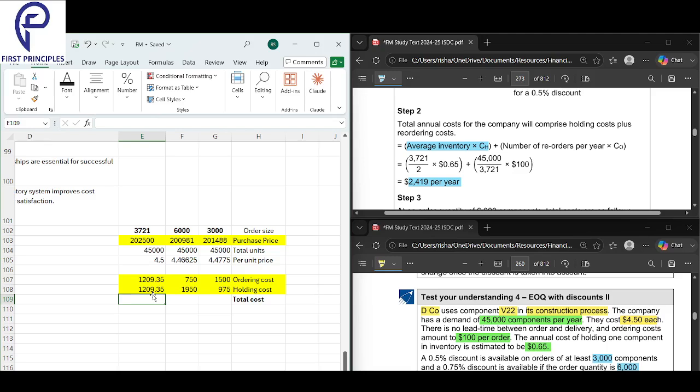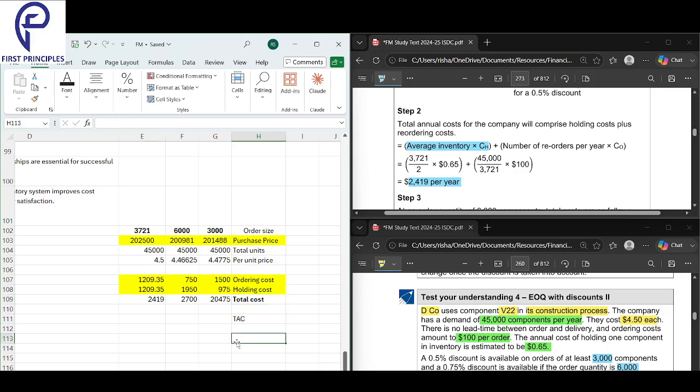In the second case, it is costing 2700. Third case, how much is it costing? 2475. These are the totals, but I want to find the total annual cost.